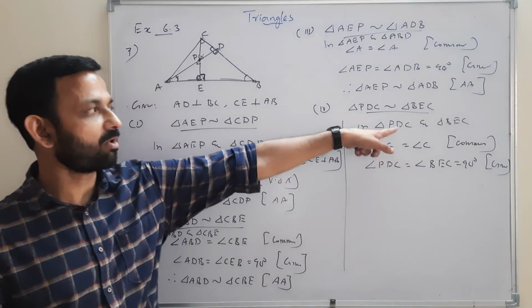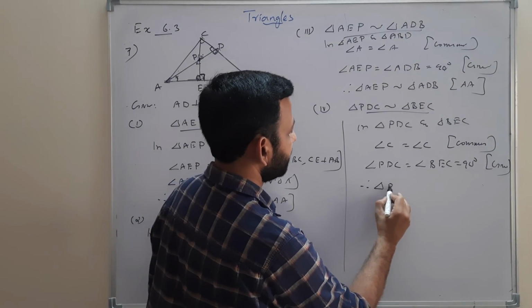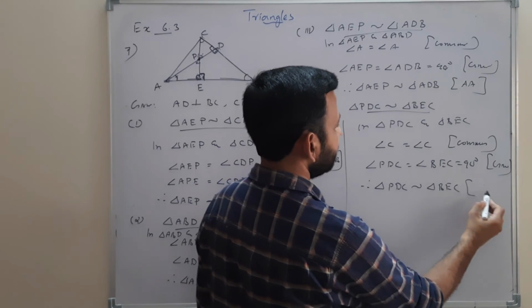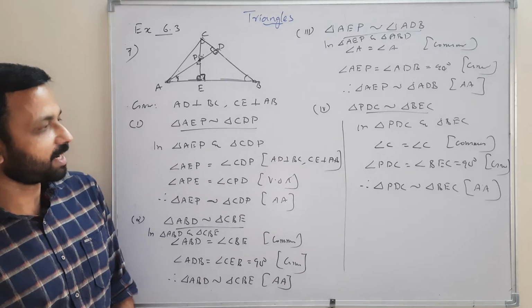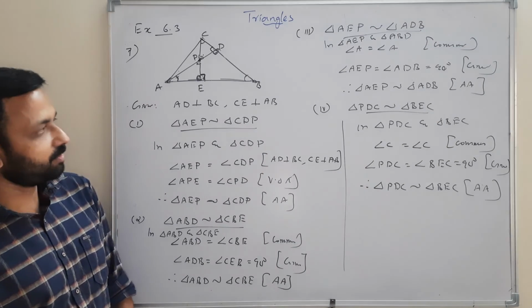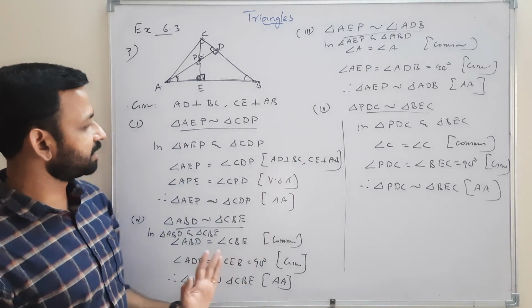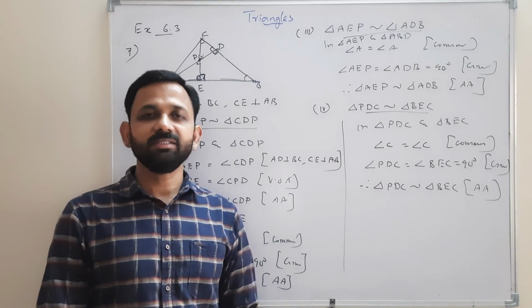Therefore two angles of the two triangles are equal, so triangle PDC is similar to triangle BEC by the AA theorem. So we have done all four parts here using the AA similarity theorem, and we can prove all the pairs of triangles are similar.